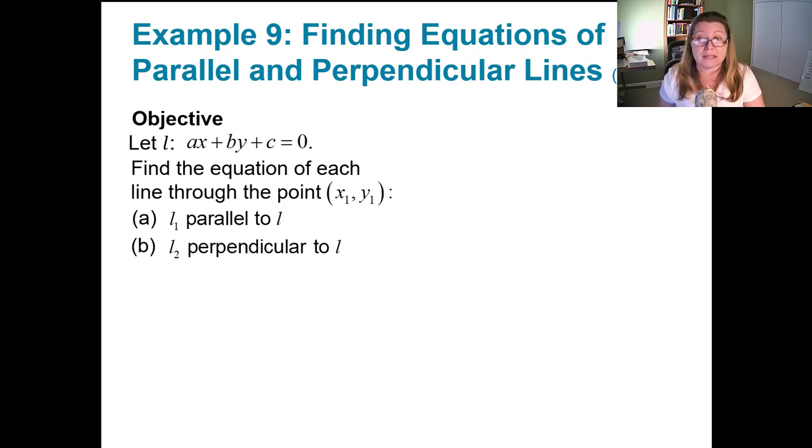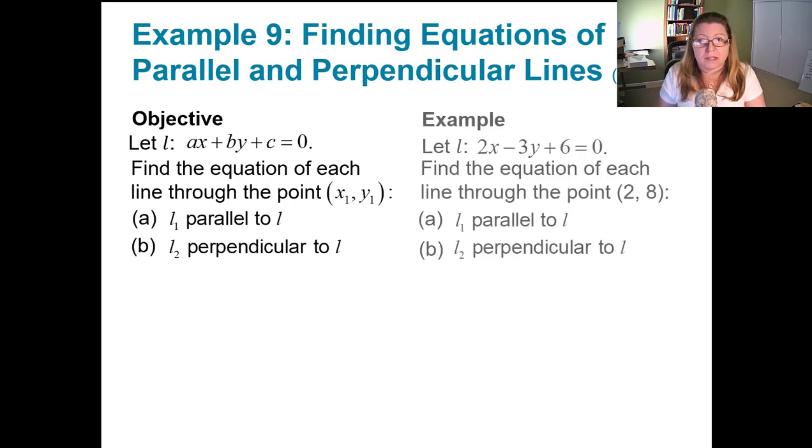Then given a point, we're going to find one line, we'll call it L1, that is parallel to our original line L. And then a second line, L2, that is perpendicular to our line L. Here's an example. Given the general form of 2x minus 3y plus 6 equals 0, we want to find a parallel and a perpendicular line, two lines, that go through the point (2, 8).